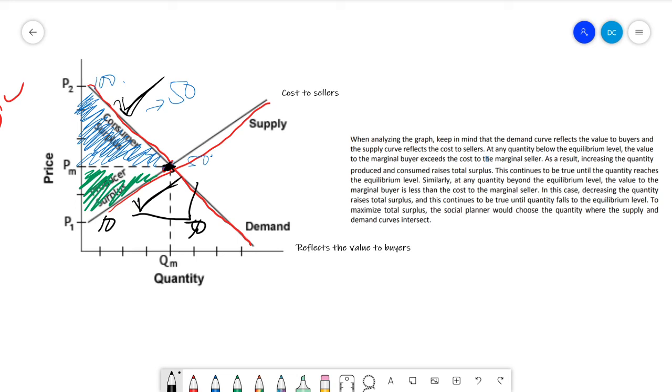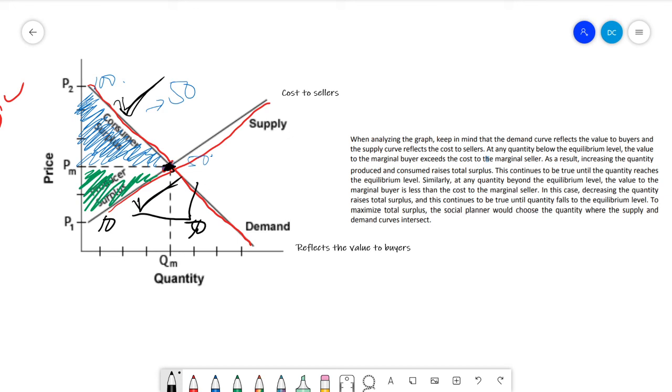As long as the supply of goods to the buyers, na-allocate natin yung supply of goods to the buyers who value them the most, and the demand can be allocated dun sa sellers who can produce them at least cost, then the market is in equilibrium. And not just in equilibrium, but the market is at its efficient point.